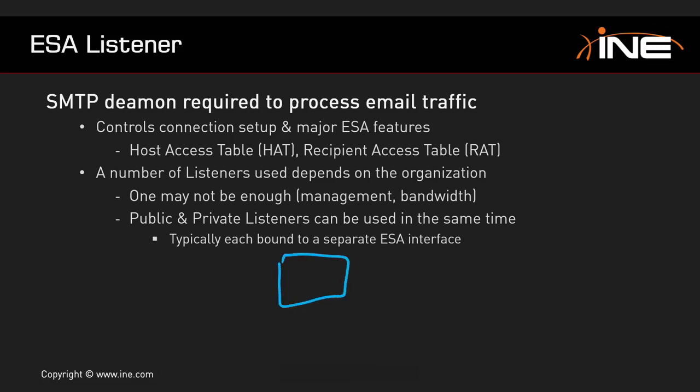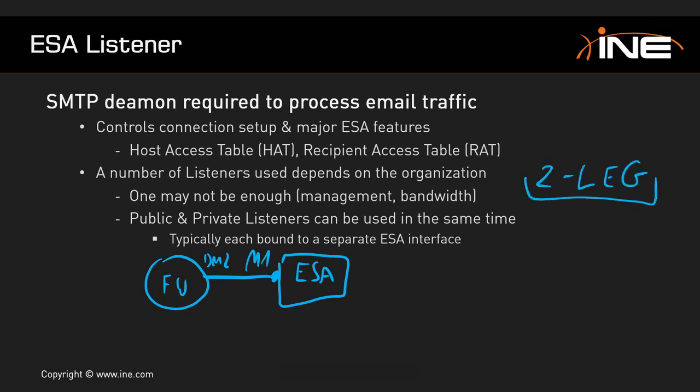If we go back one step to the previous example, this is my M1 which goes to the DMZ. So this would be an example of a two-leg deployment. My D1, let's say, is here, and it goes to the inside of the firewall.